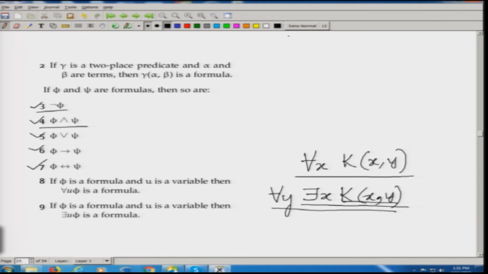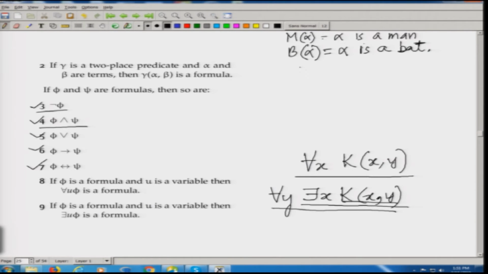I just say that M alpha means alpha is a man. And we have another predicate, we have B. Suppose B alpha means alpha is a bat.